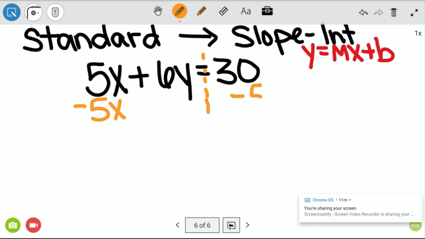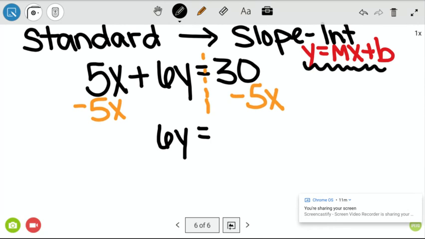Now, in indicator 3, order didn't matter. But in indicator 5, it does. Which term is written first in slope-intercept form? Is it mx or is it the b? And if we look over here, we can see the x term is written first. So the x term is negative 5x.